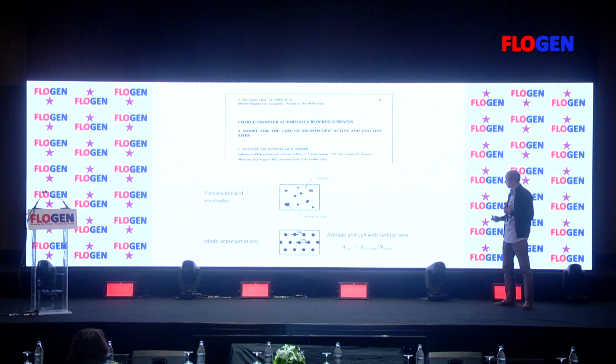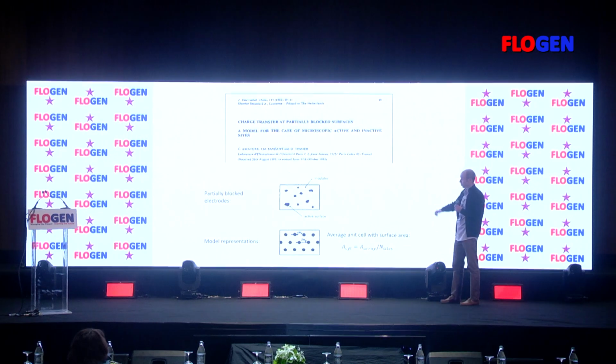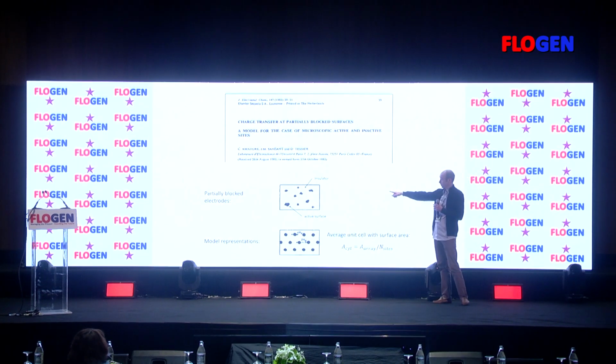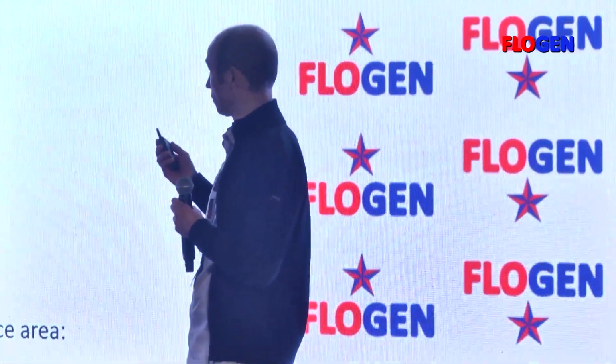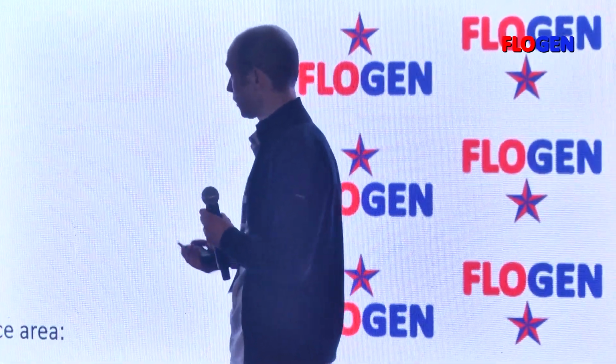In this work, partially blocked electrodes were considered, when the electrode during the measurement is full or nearly full. For this kind of random system, they put into correspondence an array with a hexagonal structure, doing it in such a way that the surface area of the unit cell is equal to the average surface area in the whole array.